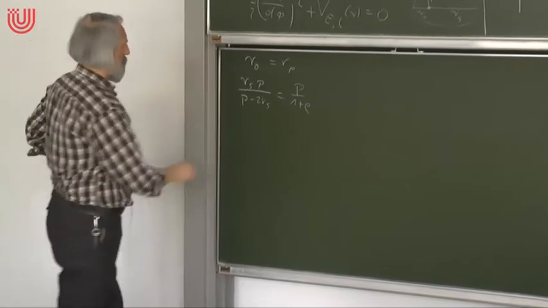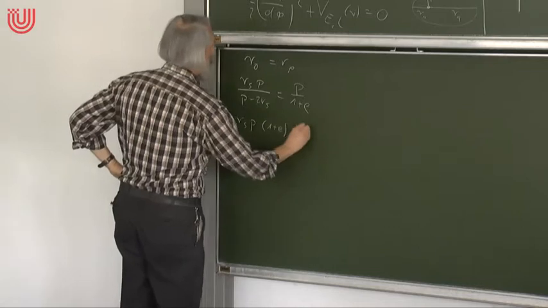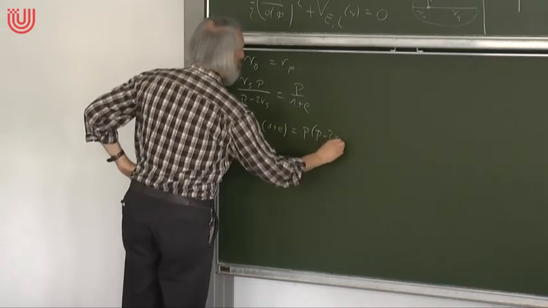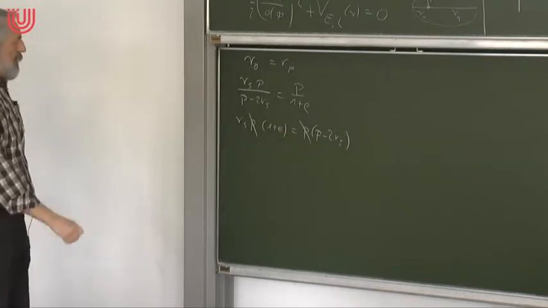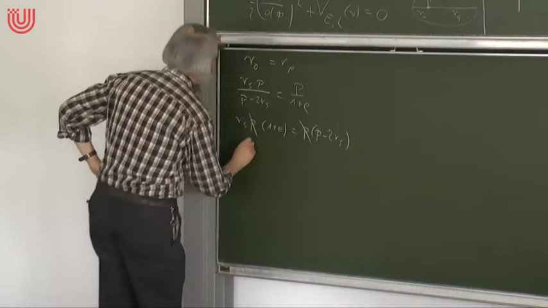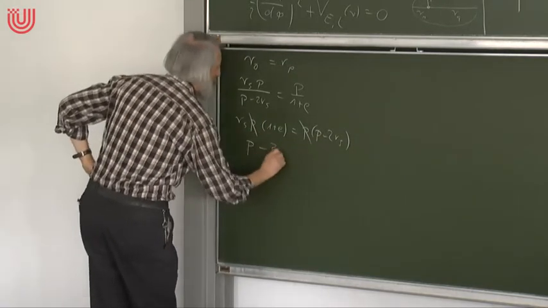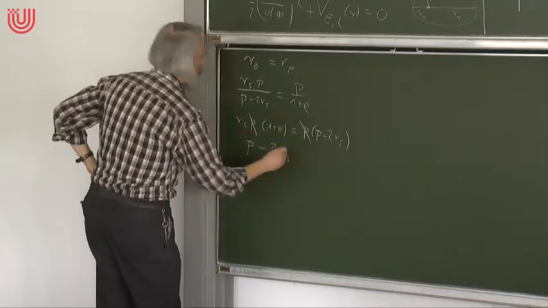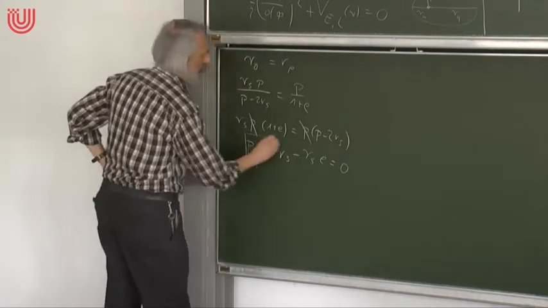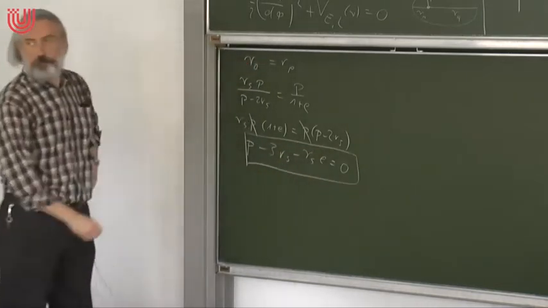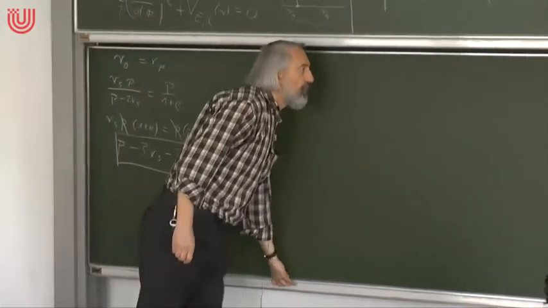So this means Rs p times 1 plus e is p times p minus 2Rs. I can cancel the p, and if I write everything on the right hand side, then I have p minus 3Rs minus Rs e is 0. That's the equation for this boundary curve. So that's the relation between p and e, which must hold along these homoclinic orbits.